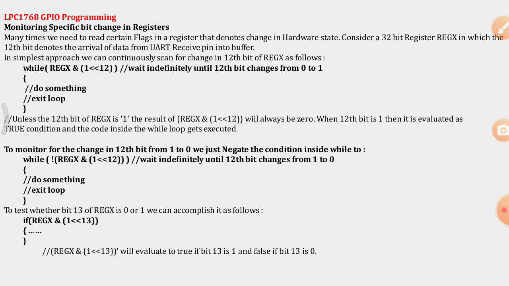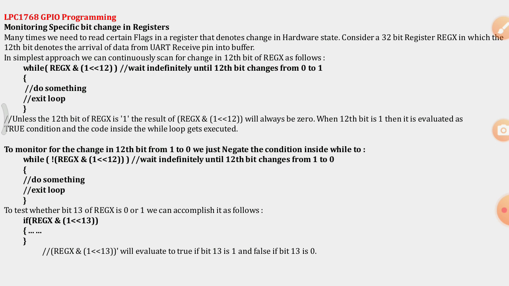So the 12th bit has to be monitored continuously here. In the simplest approach, we can continuously scan for a change in the 12th bit of regx as follows: while regx AND 1 shifted to the left 12 times, which means wait indefinitely until the 12th bit changes from 0 to 1.